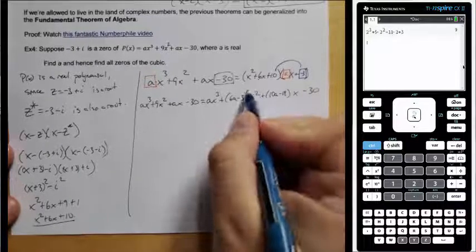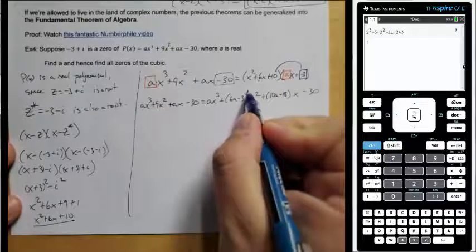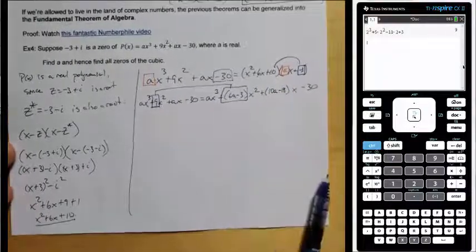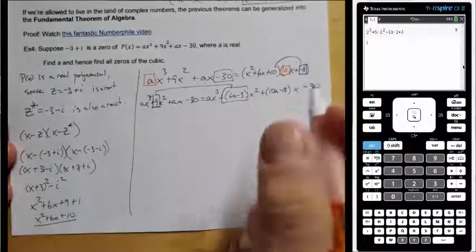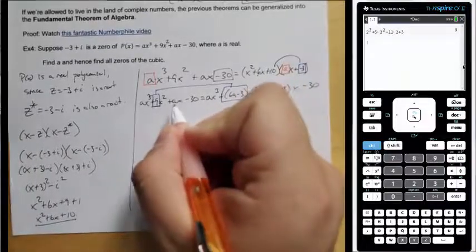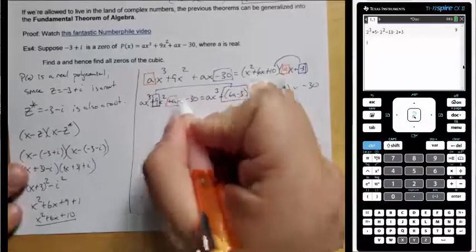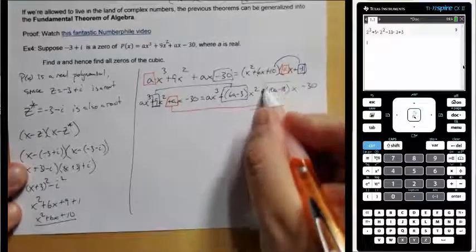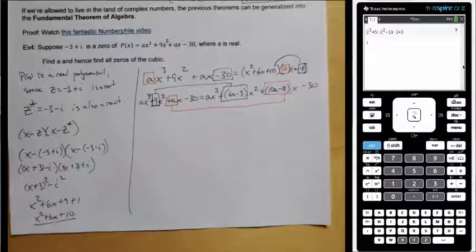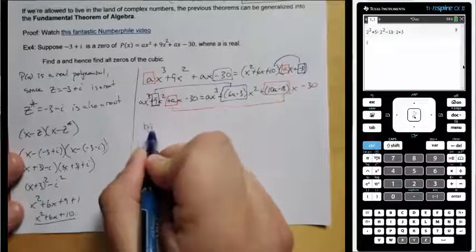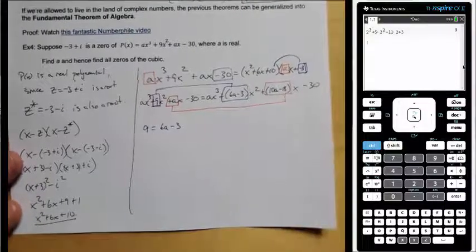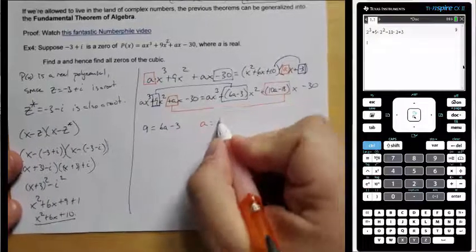So if these polynomials are equal, then the coefficients in front of like terms need to be the same. So this tells me that both 9 is equal to 6a minus 3, and also that a is equal to 10a minus 18.